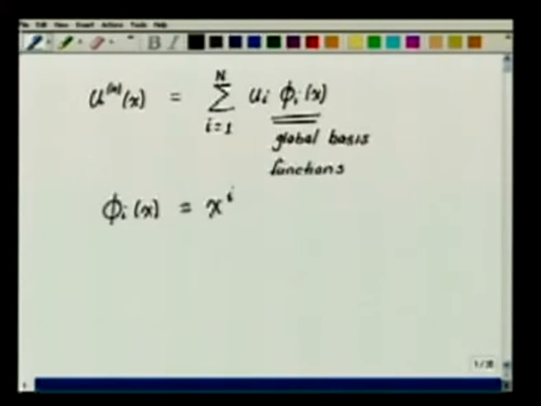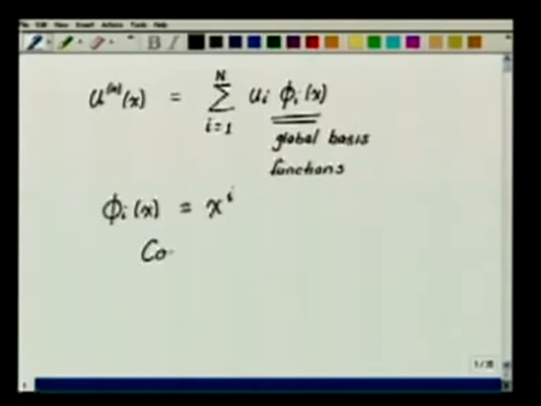And we saw that for the case of smooth distributed body forces for the axial bar problem, these phi I's did a very good job of approximating the solution to the problem. However, they failed when we had concentrated loads applied at points.